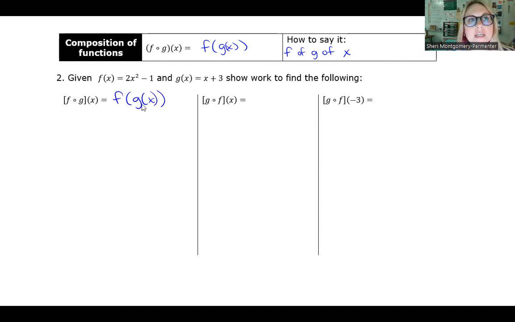So the g goes on the inside. The next one, you write it the opposite direction. I'm going to change these and I'm going to write them in color for you. I'll write them in orange.